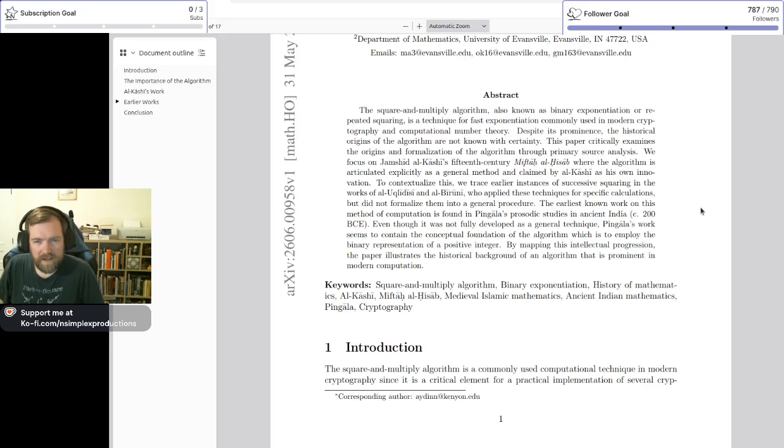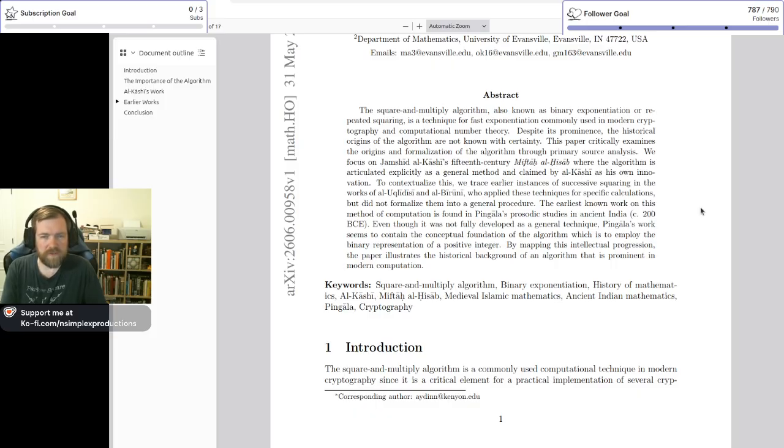Al-Uqlidisi and Al-Biruni, who applied these techniques for specific calculations, but did not formalize them into a general procedure. The earliest known work on this method of computation is found in Pingala's prosodic studies in ancient India, roughly speaking 200 BCE.